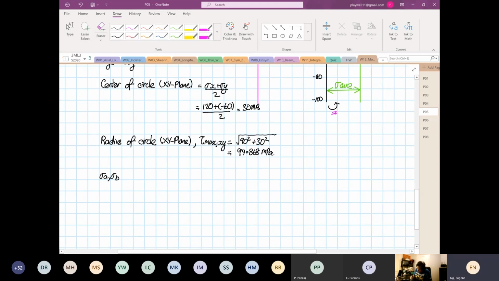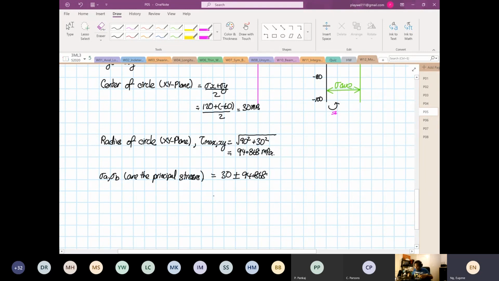So when that's the case, you can now find your stress A and stress B. Stress A and stress B are the principal stresses. I've not taught you anything new yet. Everything is still very standard procedure, yes or no? So this is equal to 30 plus or minus 94.868.